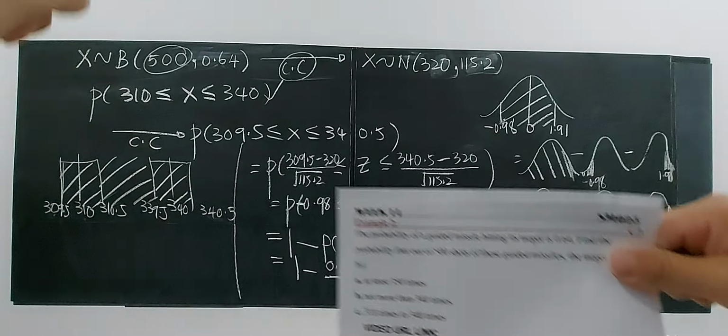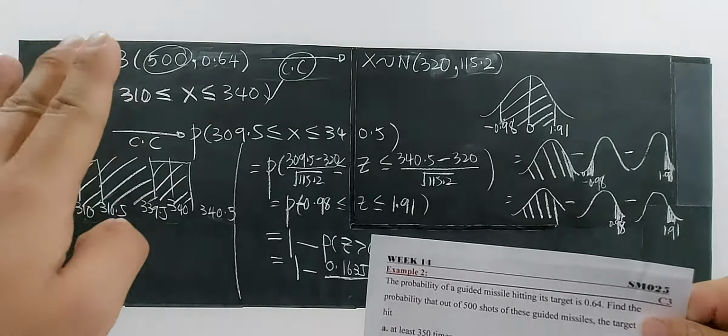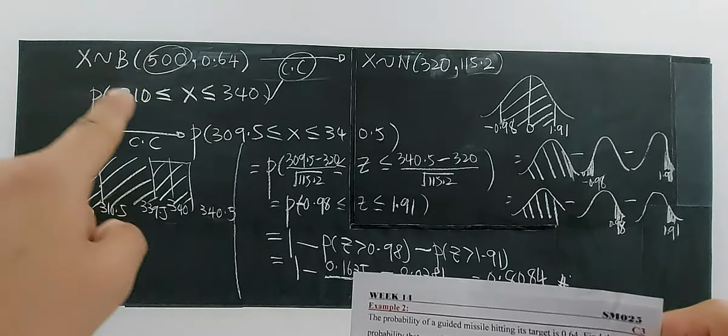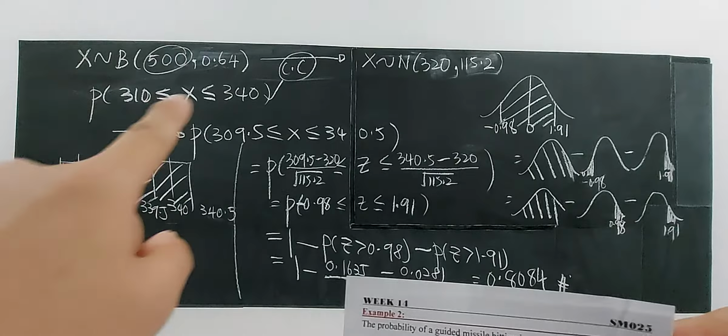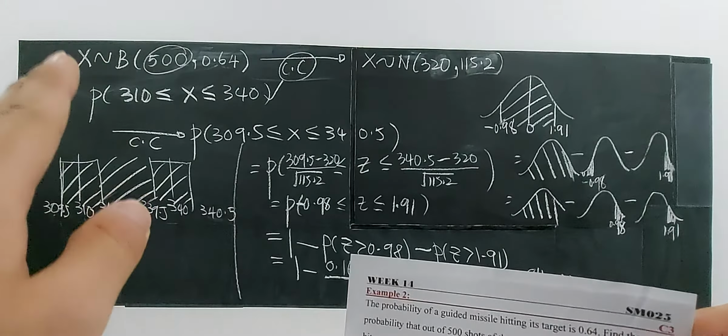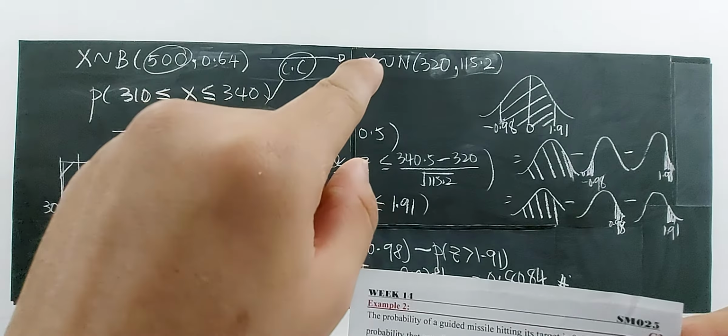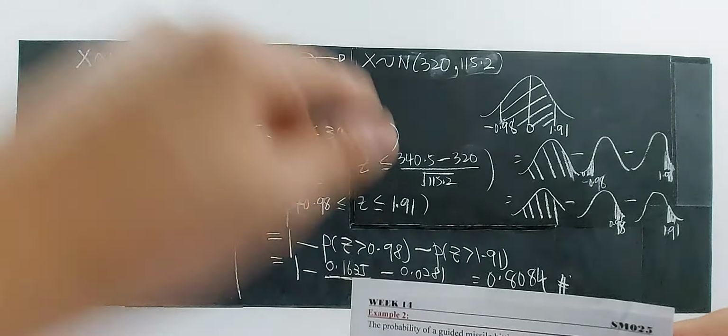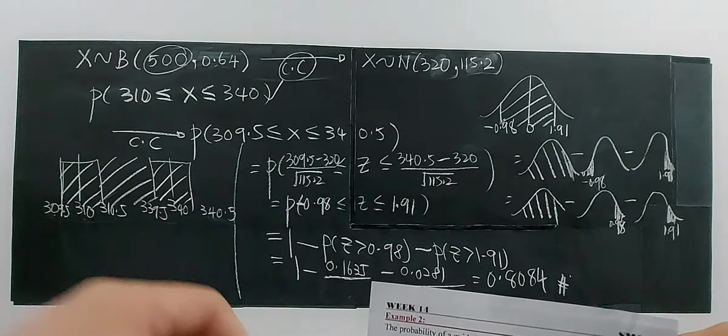Why did we never use the binomial distribution? Very simple: the sample is very large. So we think of using another distribution to help us solve this problem.